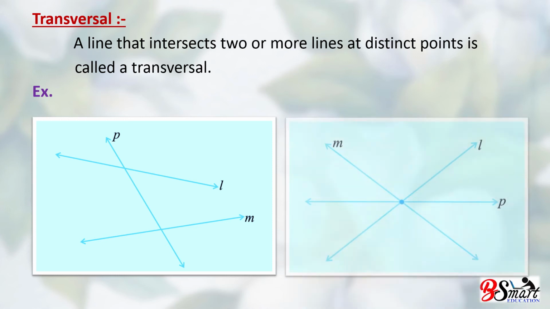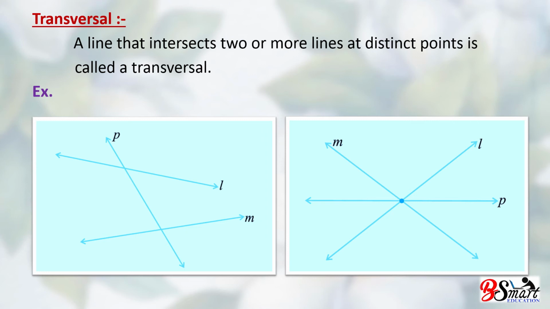Now, in second example, though the line P intersects the line L and M, it does not intersect them in distinct points. So, in example 2, line P is not a transversal to line L and M because their intersecting point is same.